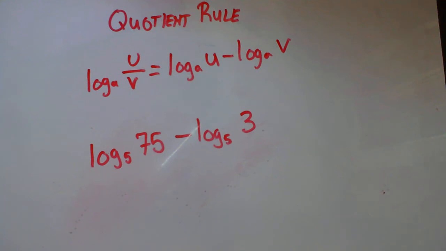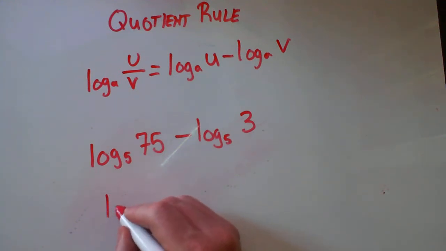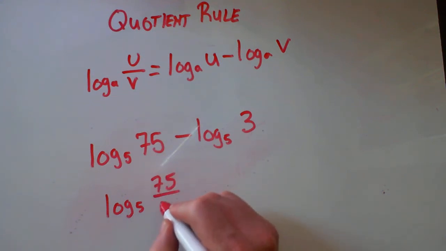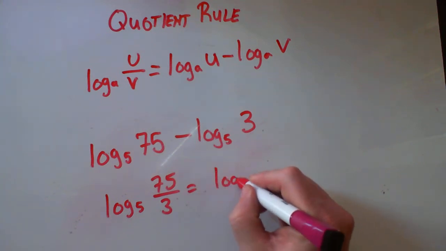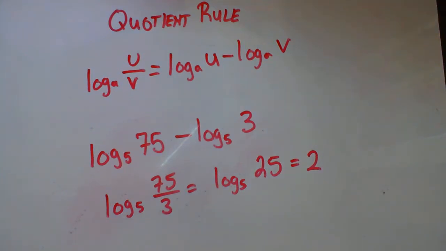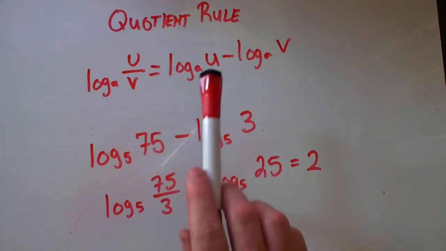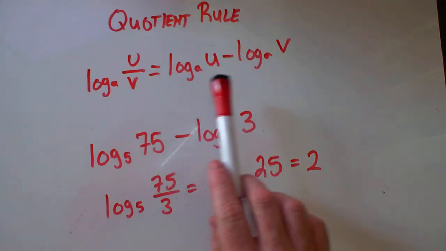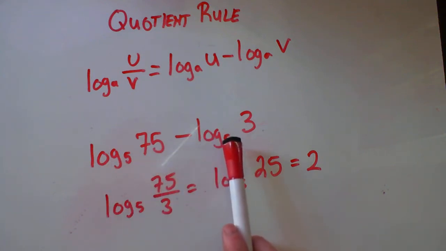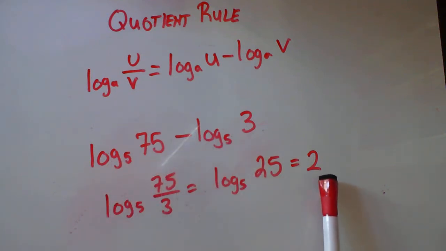Using this rule, we see that that becomes log base 5 of 75 divided by 3, which would be log base 5 of 25, which is 2. So by utilizing this rule of logarithms, we are able to take what looks like an unsolvable problem and simplify it down to something that has a very simple answer.